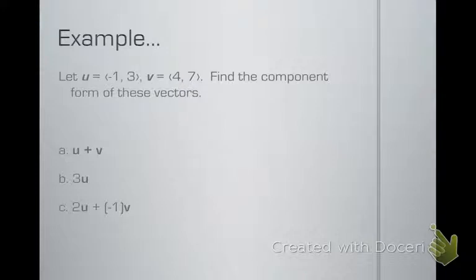I'm going to do the first two, and then I'll leave the last one for you to try. This is going to seem very easy, because we're not going to do too much with it yet.